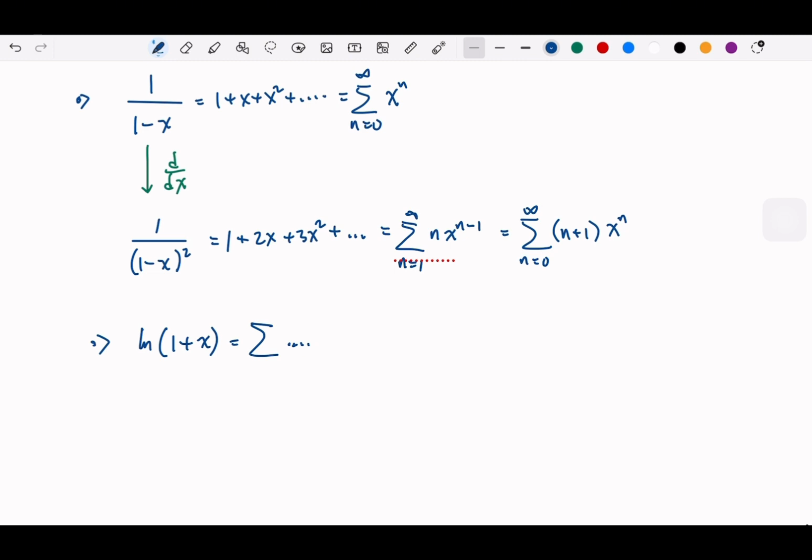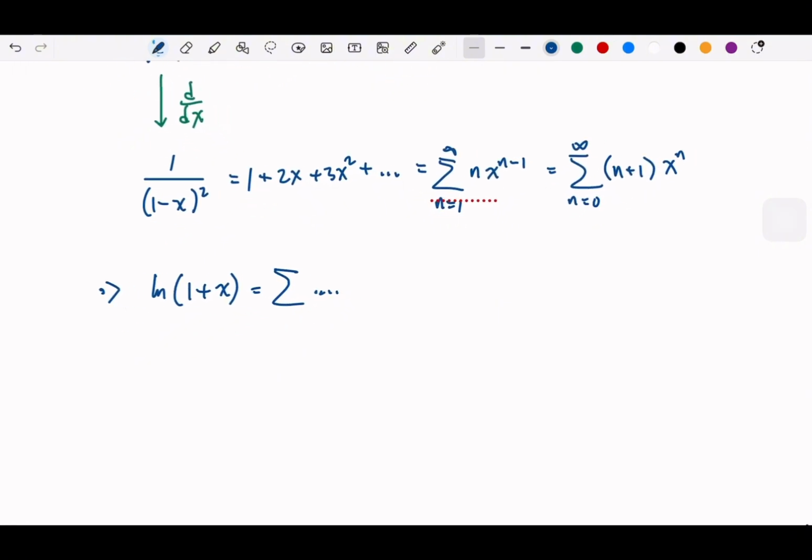Derivative, integrations of what? 1 over... right? Yeah. So we can start with 1 over 1 plus x, right? So we could see that the ln is basically the result of the integrations, right?